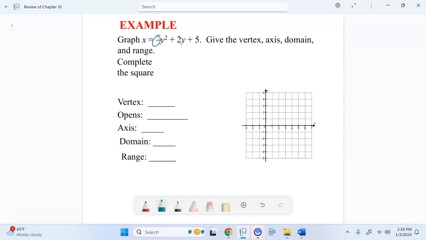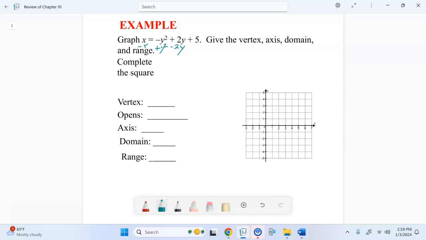Now I have this leading coefficient that's negative. To make it a little bit easier, you could subtract 5, but then you're going to have to factor out that negative 1. I'm just going to go ahead and add y squared and subtract 2y to move it to the other side, and then subtract x to move that to the other side.